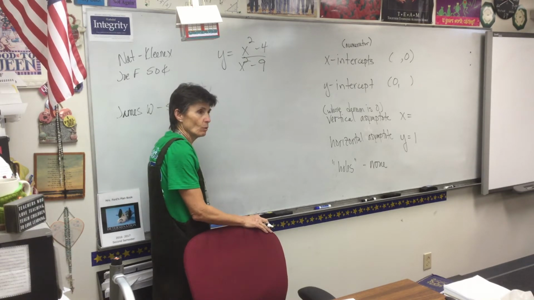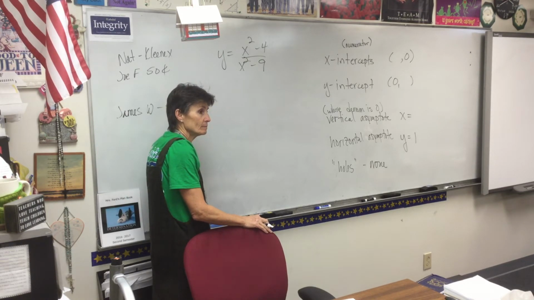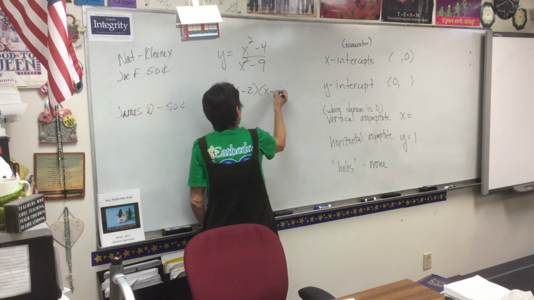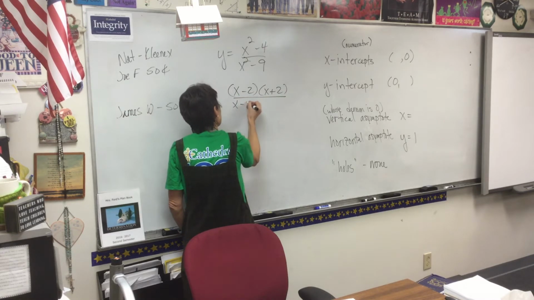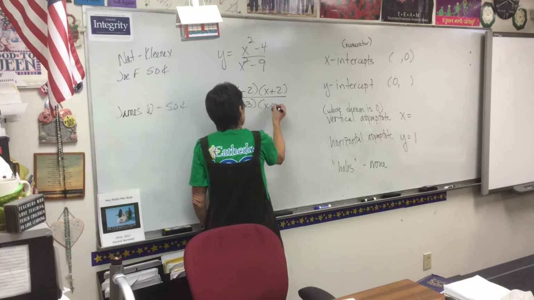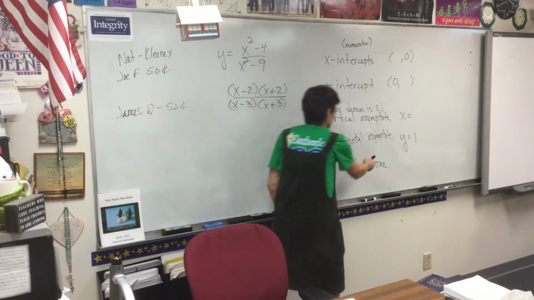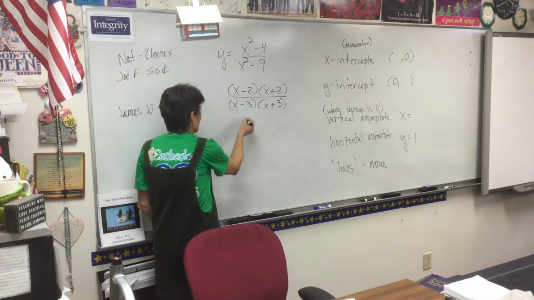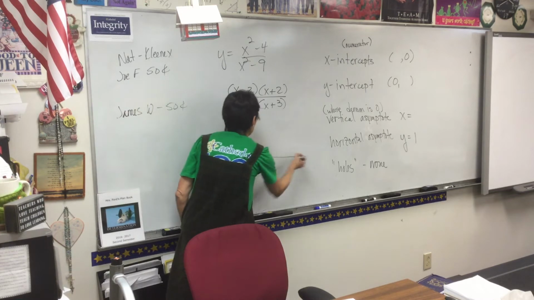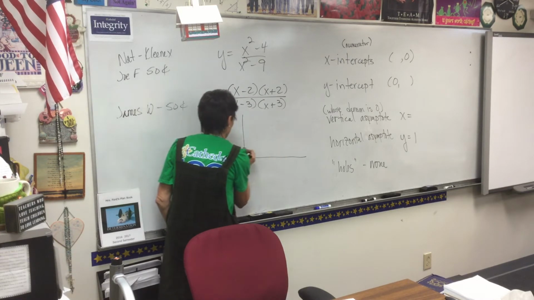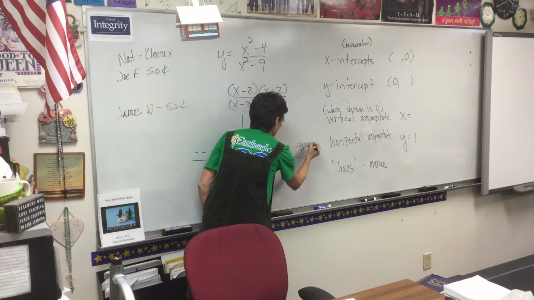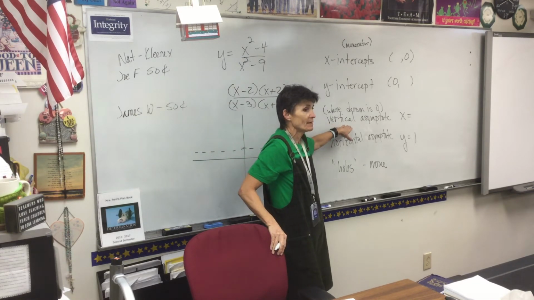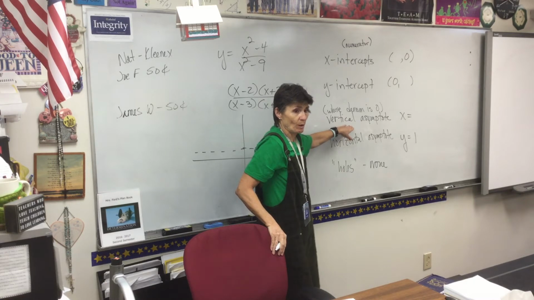I wonder if I have any holes this time. I might. Somebody said no. I can factor, but I can't cancel. So even though I can factor, there still aren't going to be any holes. What about vertical asymptotes? Now remember, vertical asymptotes come where the denominator is 0.